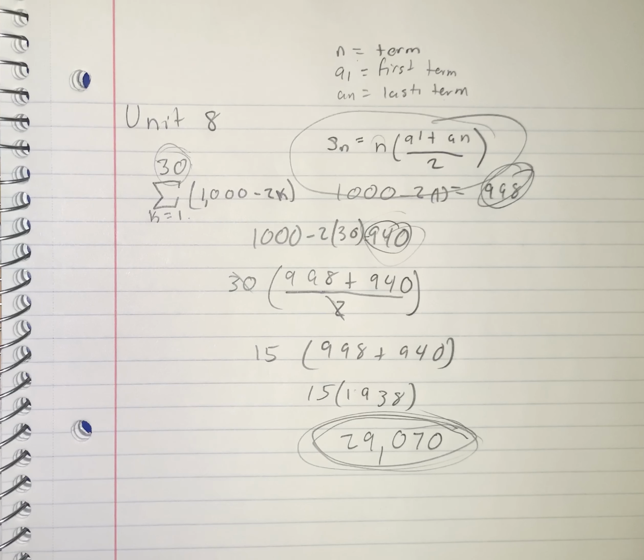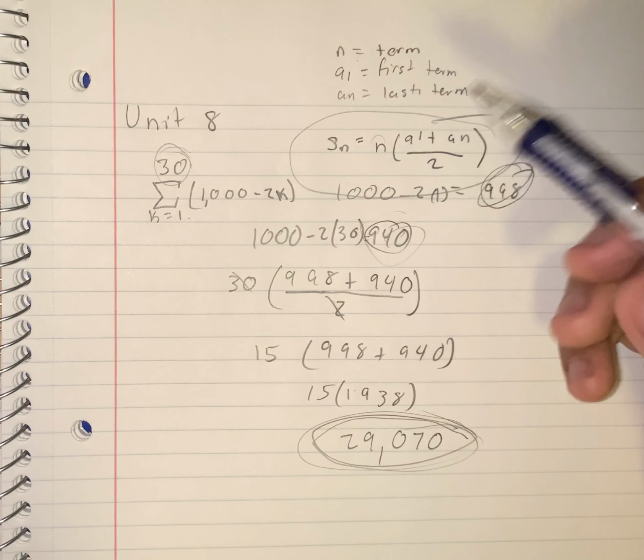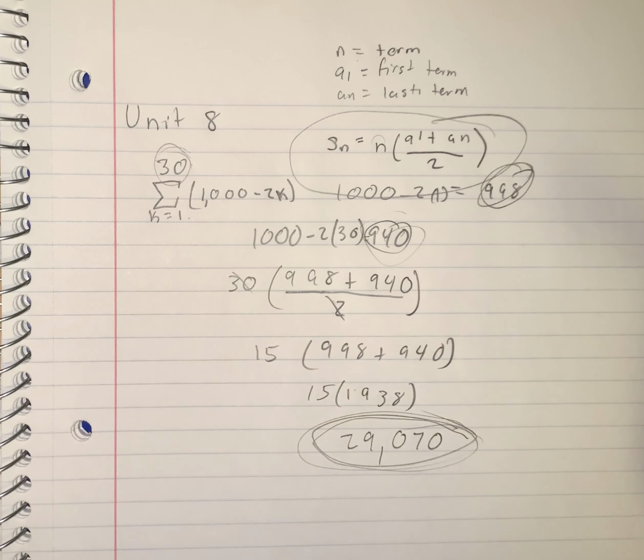What the question was asking us was to find the sum of all the terms from 1 to 30, and it was just cutting out steps, making our work a little shorter. So our answer is 29,070. Thank you.